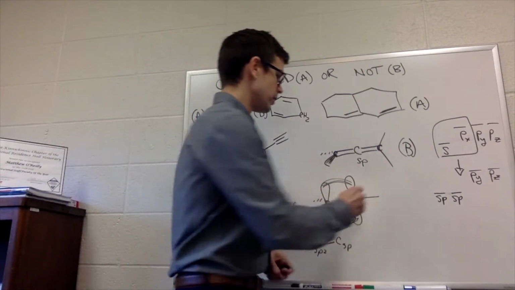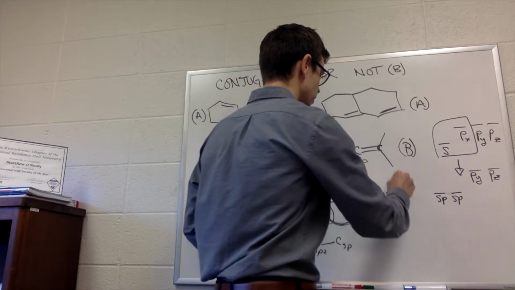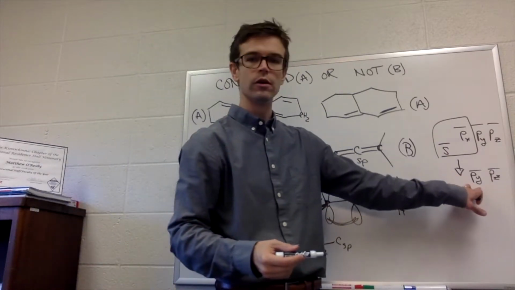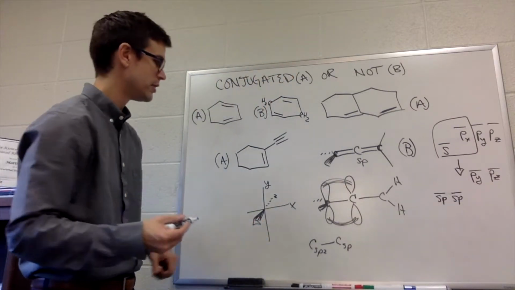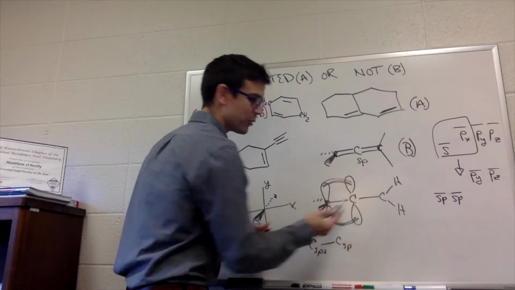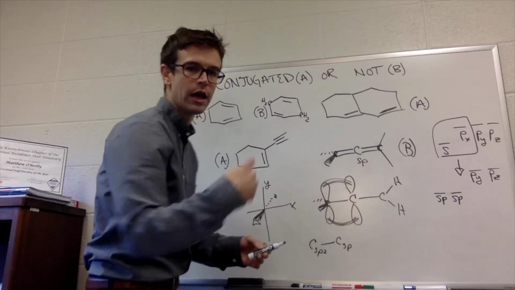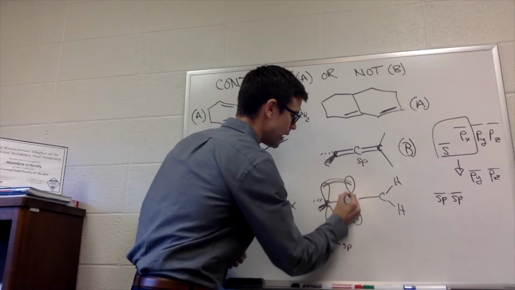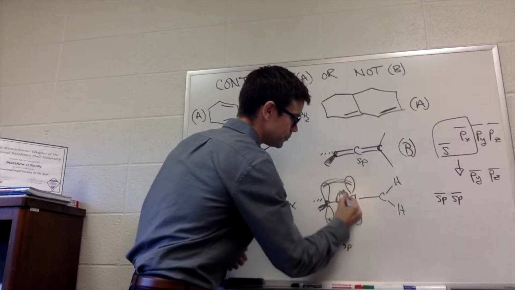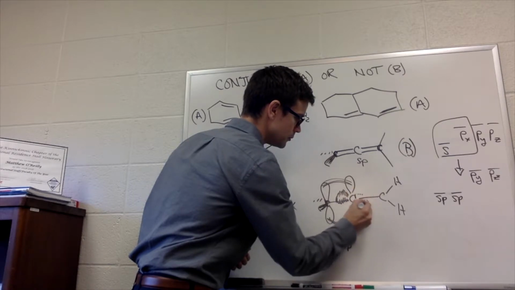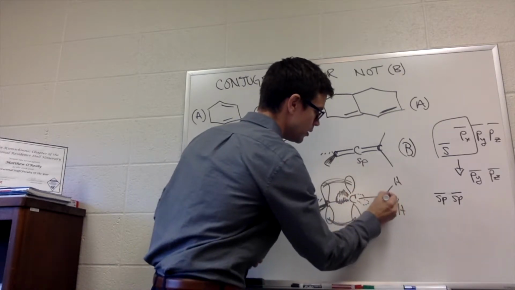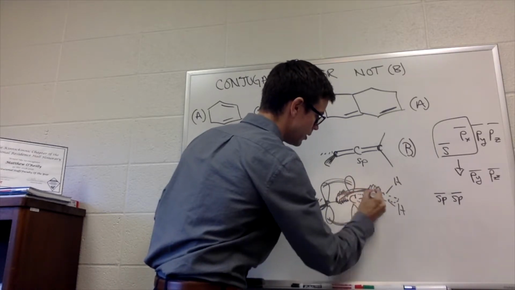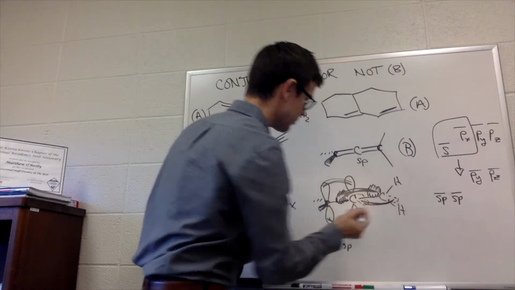What about the other carbon-carbon bond? Well, in this case, we've already used our py orbital. We only have our pz orbital left. So what that means is that the orbital would have to come out toward you and go into the board, because that's where that pz axis is. So we're going to draw that like this. So there's an overlap of that orbital and an overlap of that orbital.